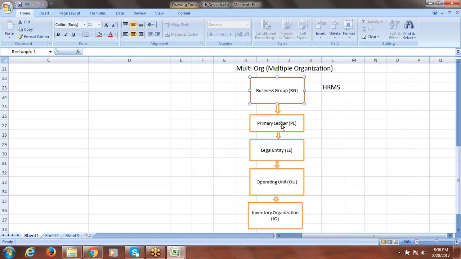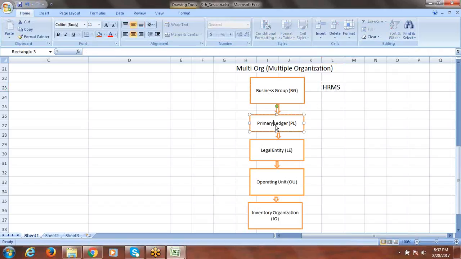So whatever we discuss, all will be working with the help of a particular application support. If I say we'll maintain the employee information by using the business group, yes, that's true. We can maintain the employee information with the concept called business group with the help of the HRMS application.